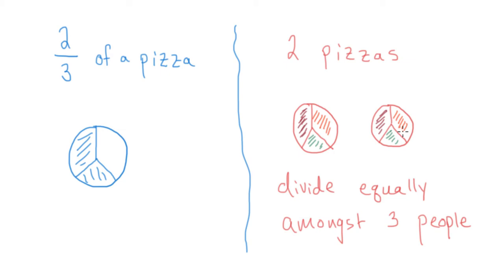So each person gets 2/3 of a pizza, right? So I can draw one of these amounts of pizza. Okay, so that's the amount of pizza that each person gets. It's 2/3 of a pizza.